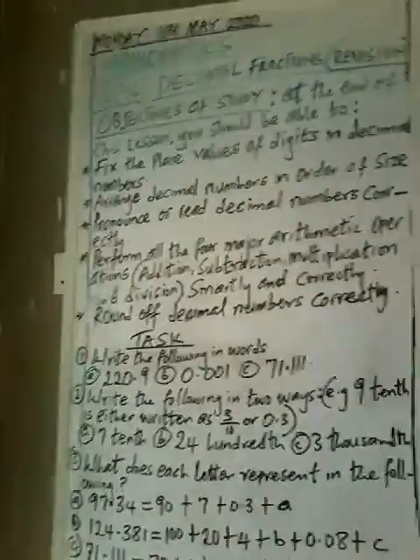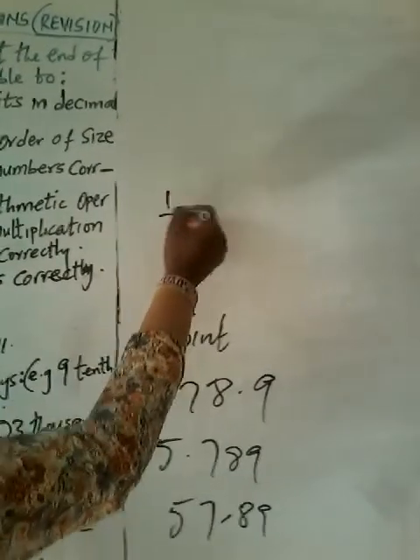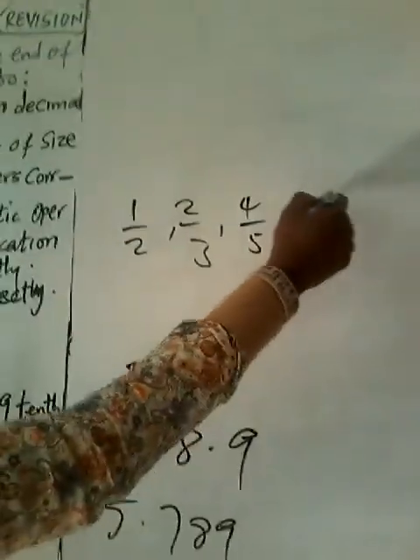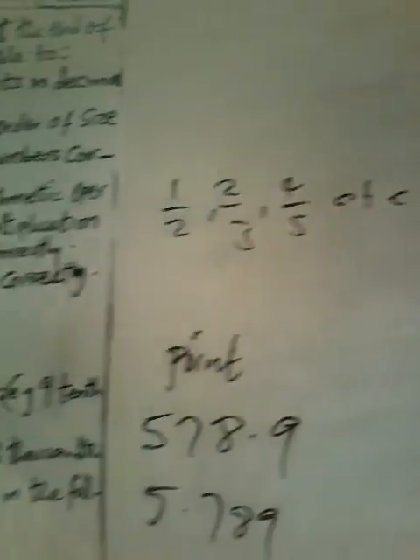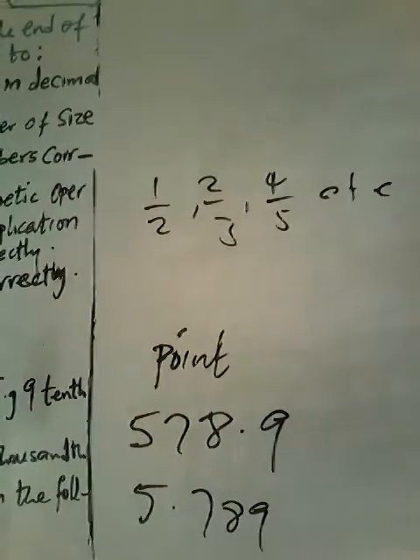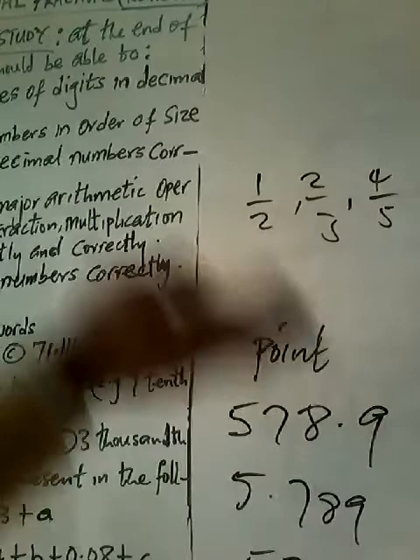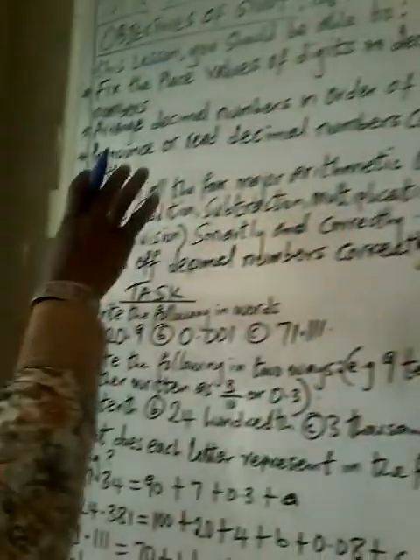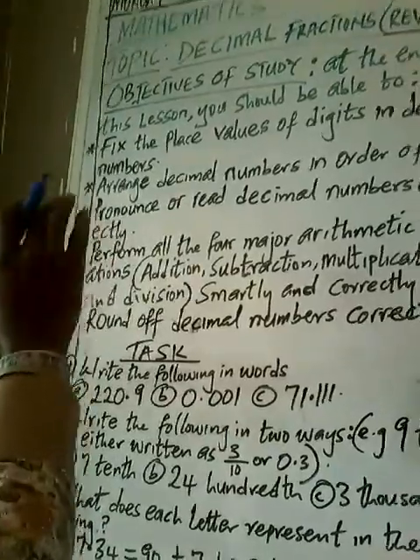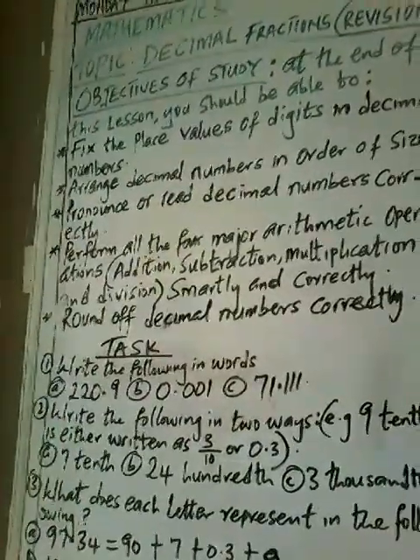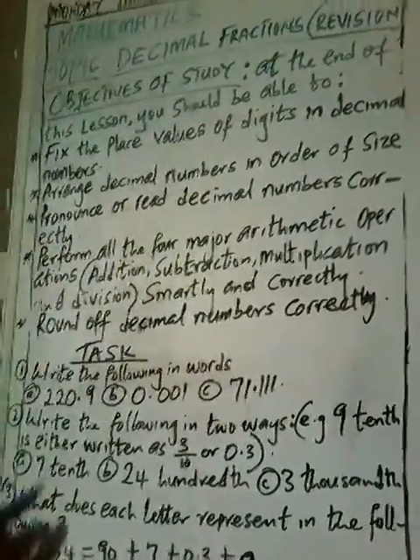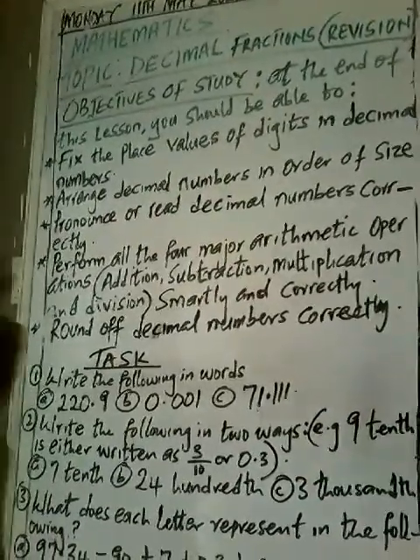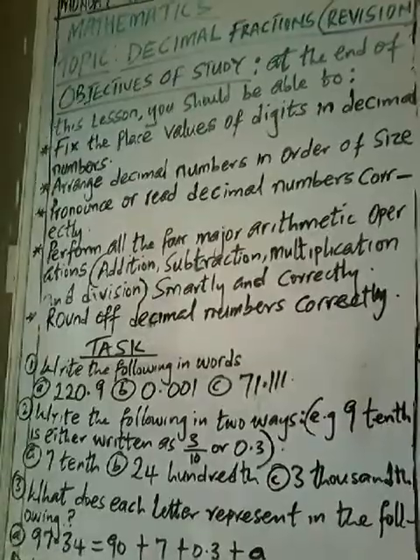If you are given normal fractions, like 1/2, 2/3, 4/5, and so on, and you are to arrange in order of decreasing size or increasing size, you know what it means. You can also be given the same in decimal fractions, and you'll be told to do the same. We will be visiting that area. Then you must be able to pronounce and read decimal numbers correctly.